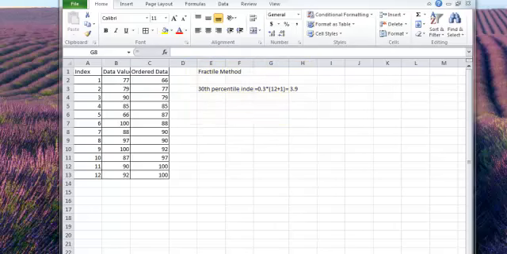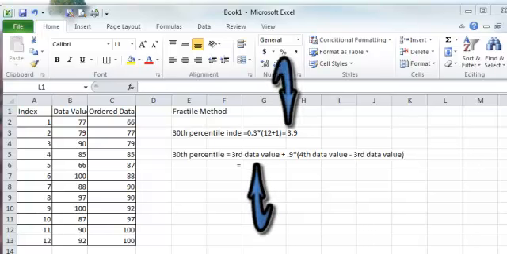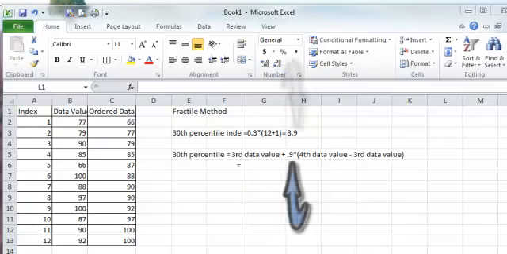Now this is how I'm going to find the location of my quartile, and here's the way that I'm going to find my 30th percentile. I'm going to take my third data value, that is the number that comes before the decimal place, plus 90% of the fourth data value minus the third data value, and that would give me my 30th percentile.